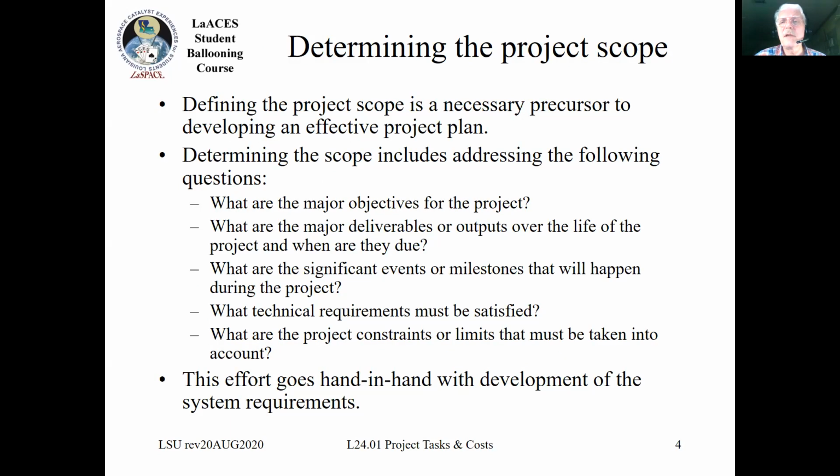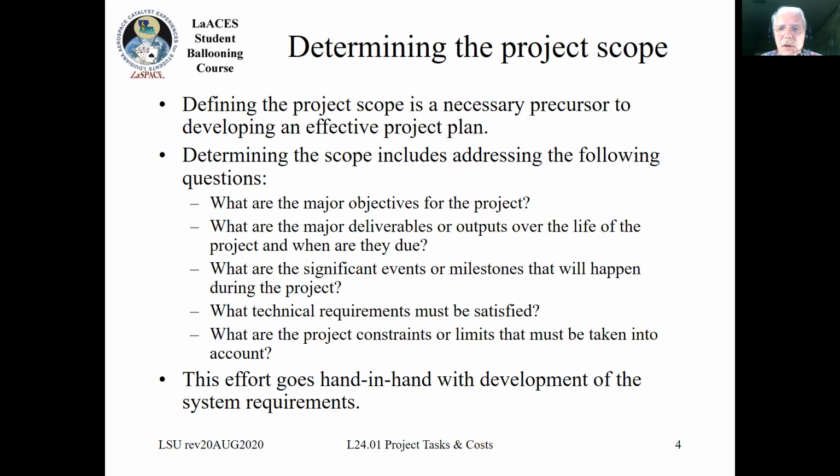So again, determining the project scope. This is essential for any sort of effective project plan. What are your objectives? What are your deliverables? What are the outputs over the life of the project? When are these things due? All right. What are your milestones that'll happen during the project? What are your technical requirements?